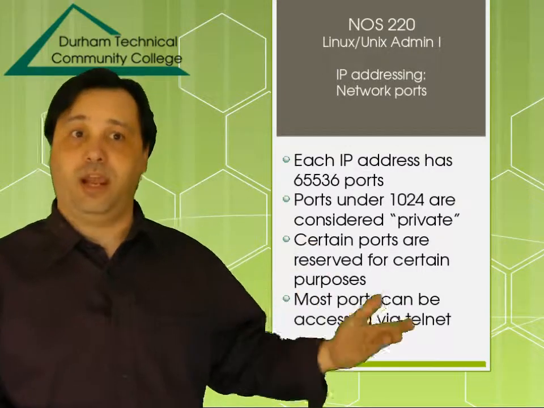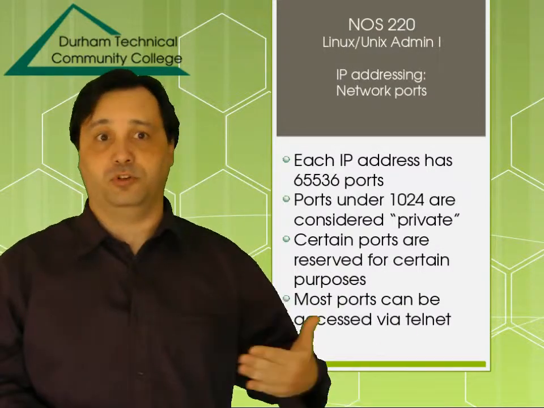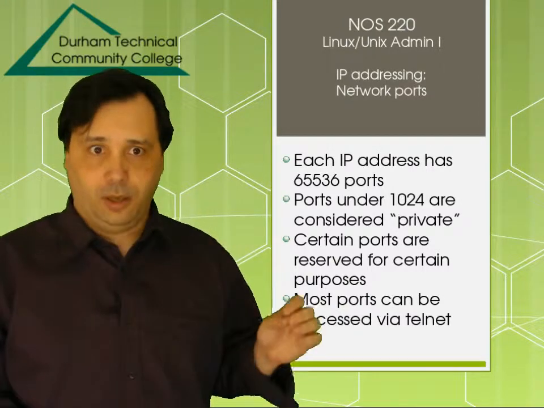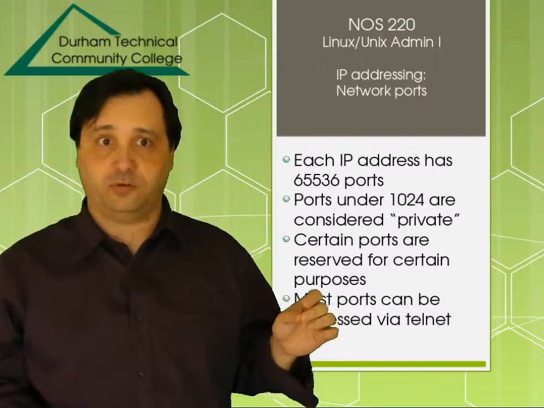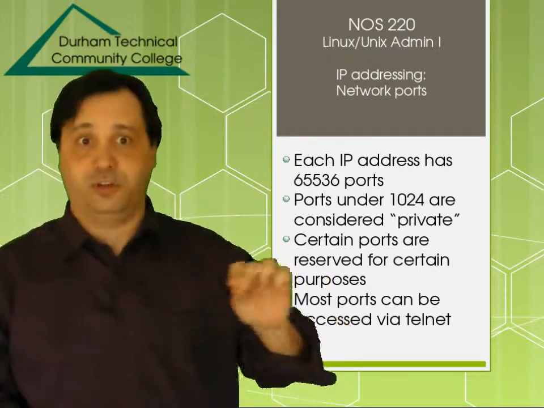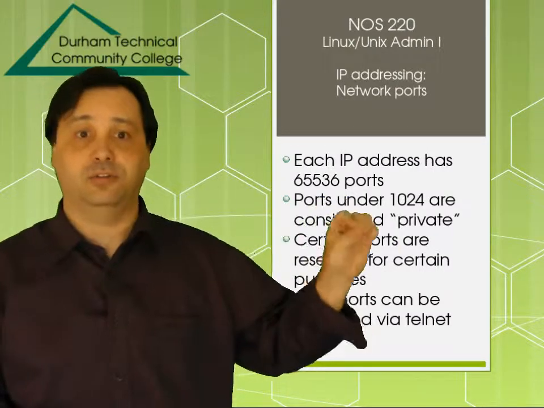For instance, port 80 is used for web servers, whereas SSH uses port 22 and email uses port 25. Many servers respond using text, so a telnet program connecting to a particular port can be used to manually test a server by connecting to that port.